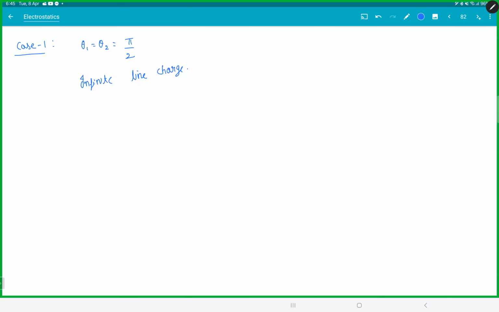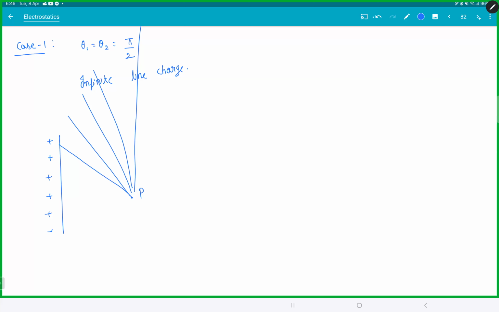What will be the value for this? So if you put theta 1, theta 2, try to understand the meaning of it. Theta 1 and theta 2 are angles with the edges. So this angle is 30, 60, 80, 89, 90. They will become parallel, isn't it? So you're talking about an infinite rod.